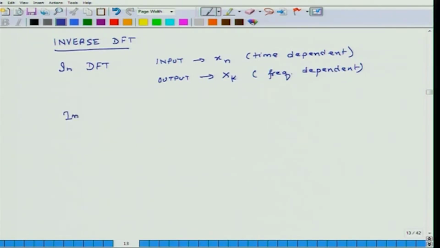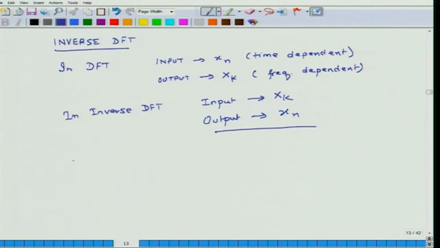In inverse DFT, our input is X_k and output is x_n.